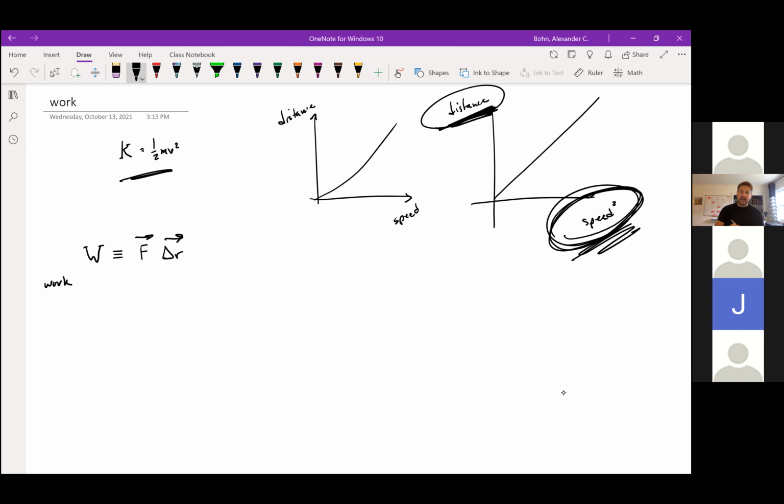When kinetic energy asks for v squared, one way to write that is velocity dot itself.